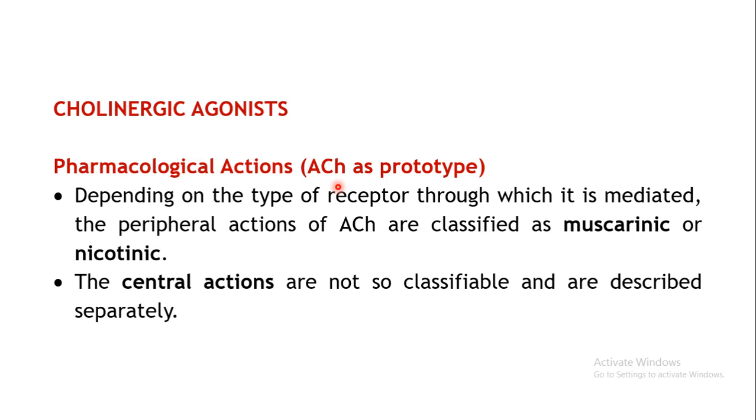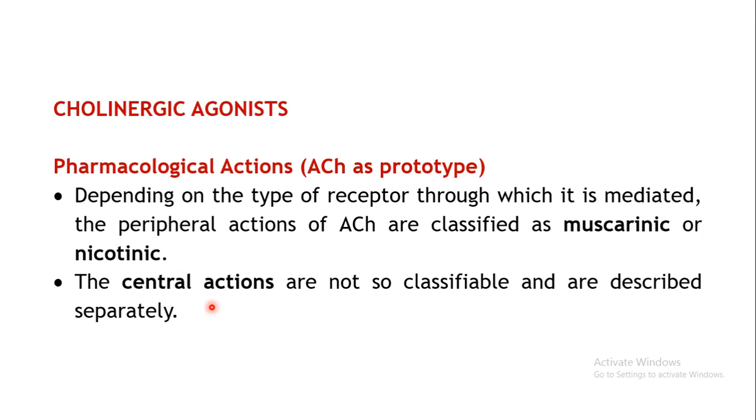There are two types of cholinergic receptors we have seen, right? Muscarinic and nicotinic. So accordingly the peripheral actions of ACh are classified as muscarinic actions and nicotinic actions. Muscarinic actions are those mediated through muscarinic receptors. Nicotinic actions are those mediated through nicotinic receptors.